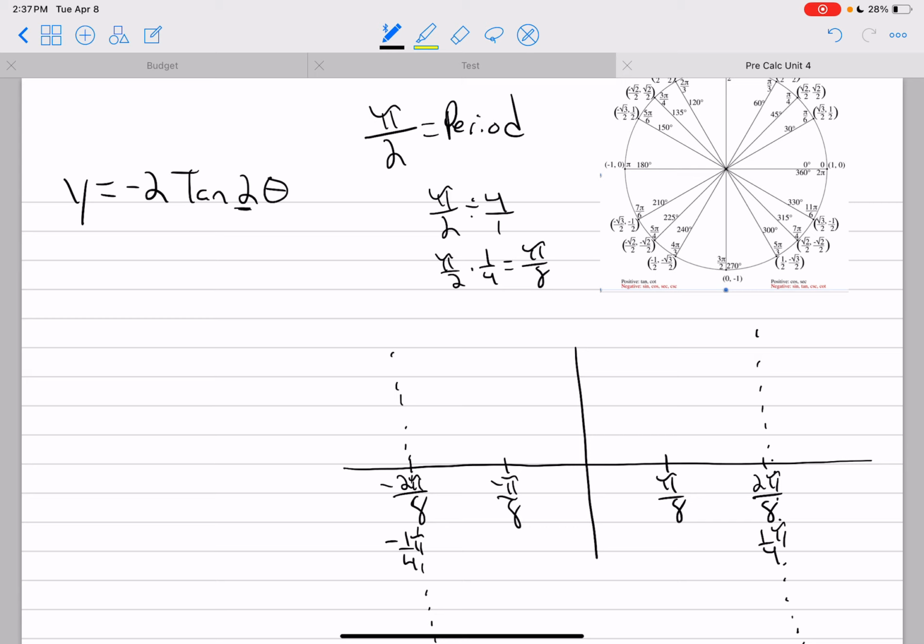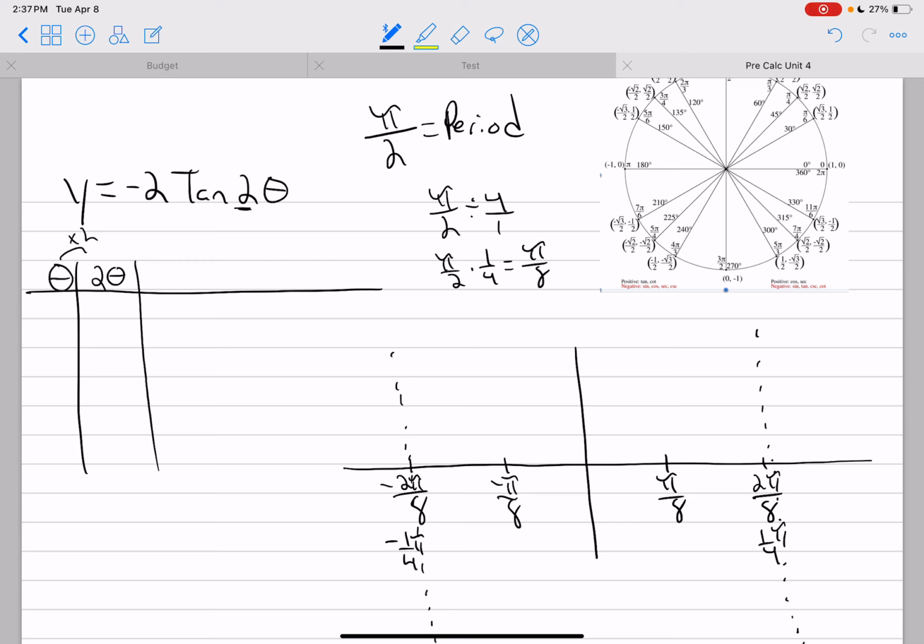So I'm like, okay, now that I know where this thing exists, where my period is, let me go ahead and make a GEMMA table. So I'm going to start off with theta. There's theta, and I'm going to say, okay, I got to times it by 2. So I get 2 theta.